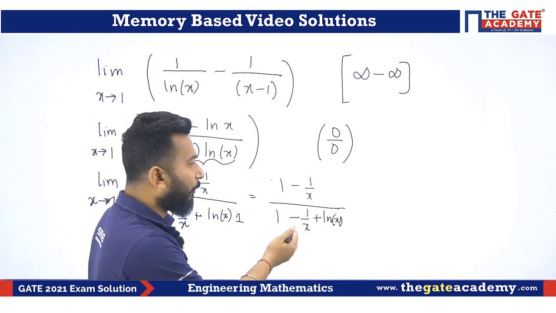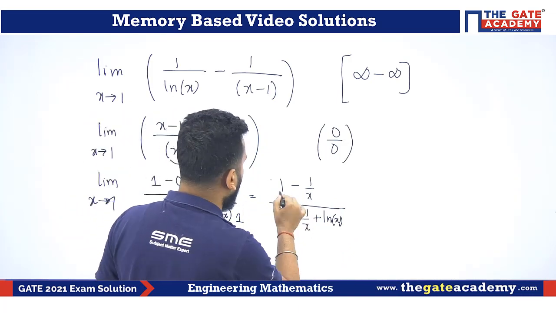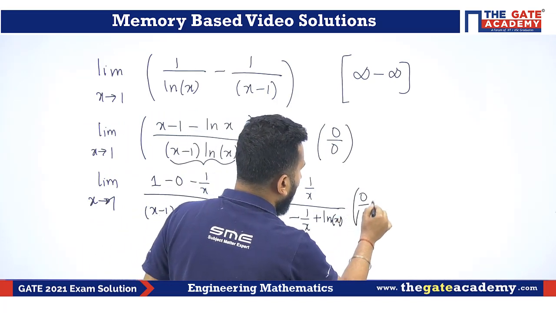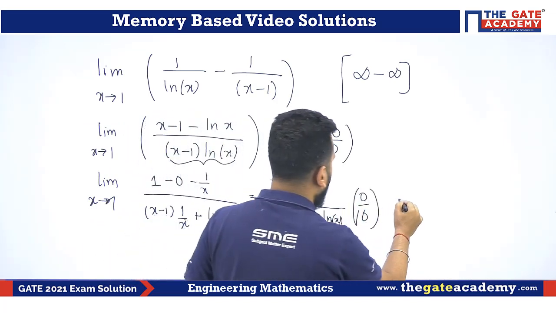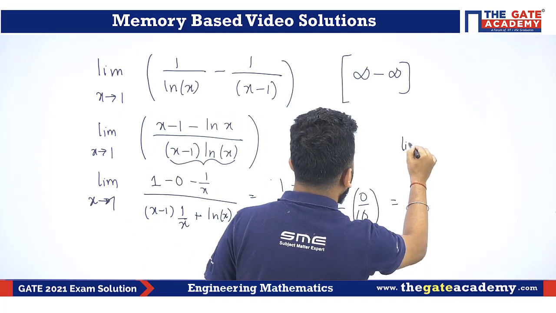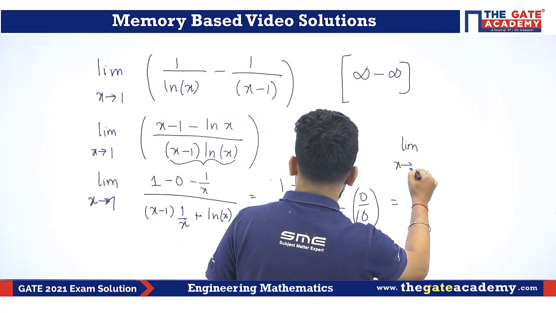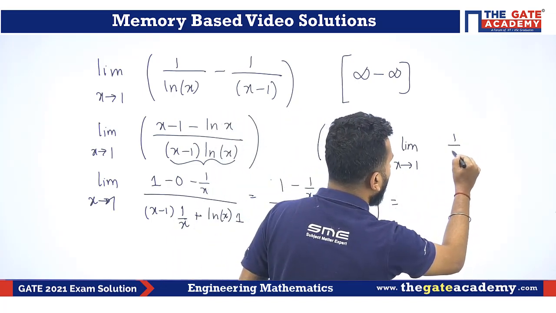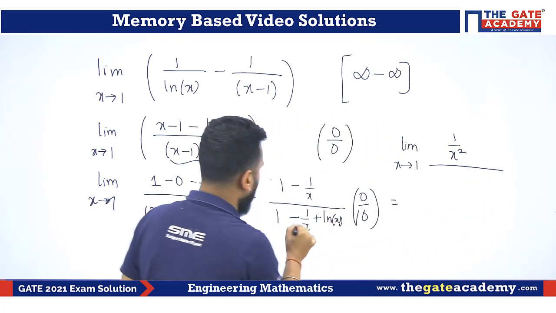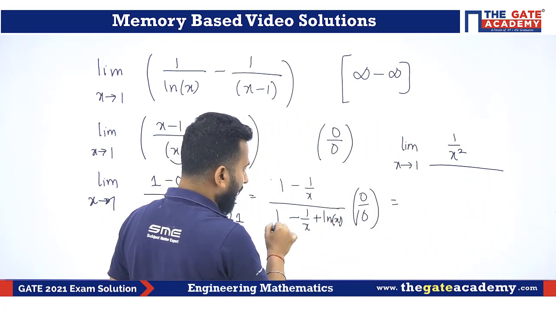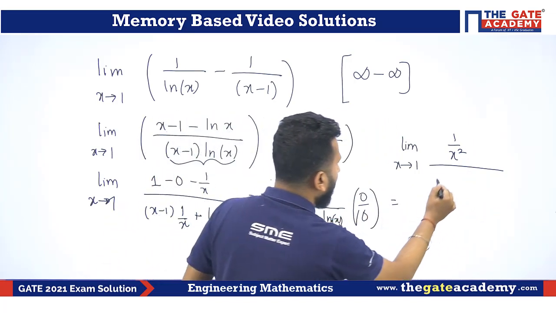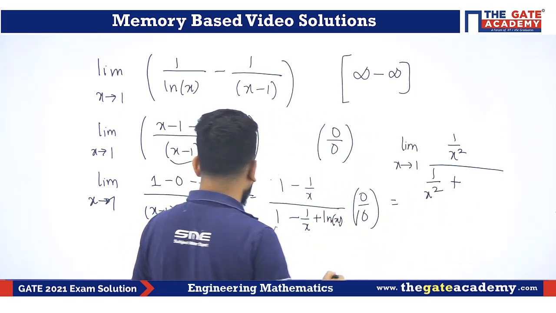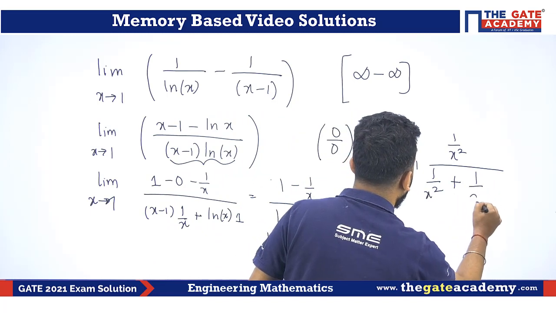If I again check its form and substitute, it will be 1 minus 1, 0, and 0, so it's again 0 by 0 form. Again we can apply L'Hopital's rule. Applying L'Hopital's rule again, with the limit x tending to 1, the differentiation of minus 1 by x is 1 by x square, divided by: the constant's differentiation is 0, then it is 1 by x square plus the differentiation of ln x, which is 1 by x.